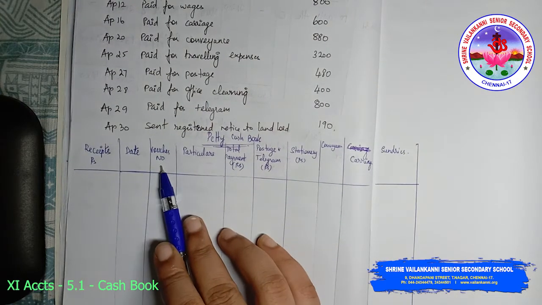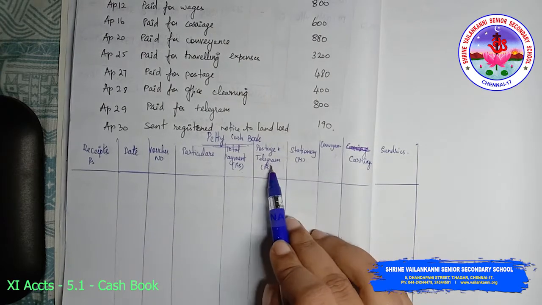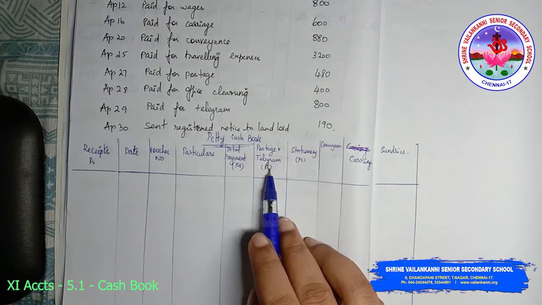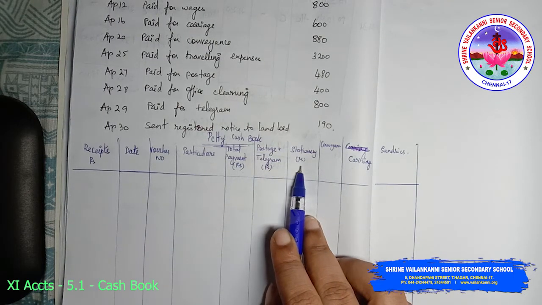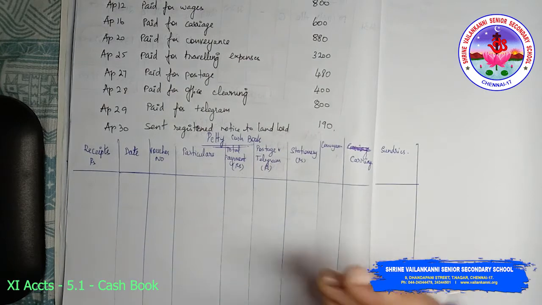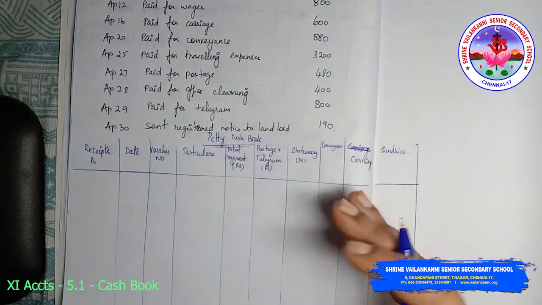Particulars, total payments, and each important payment like postage, stationery, conveyance, carriage. Sundries is a common head for things that cannot be identified separately.